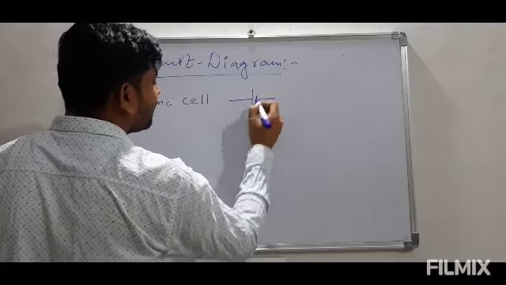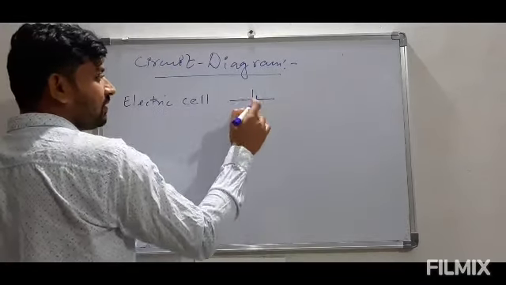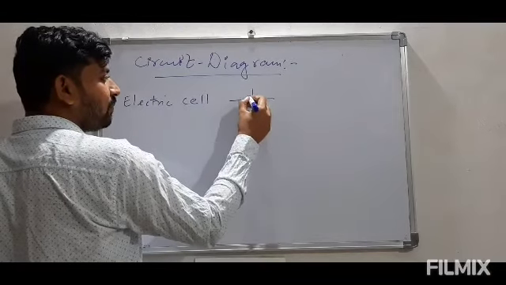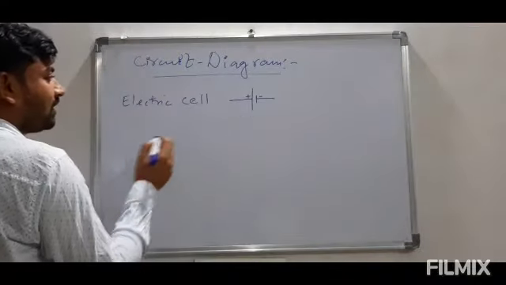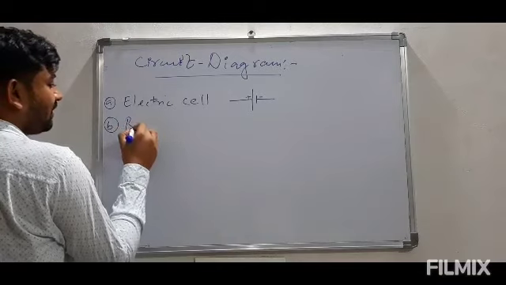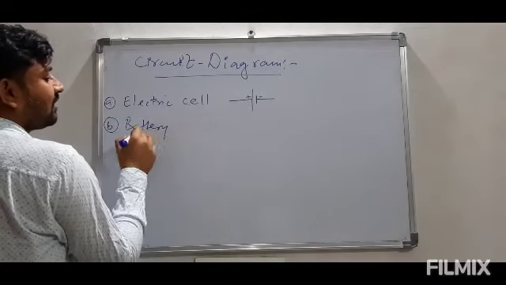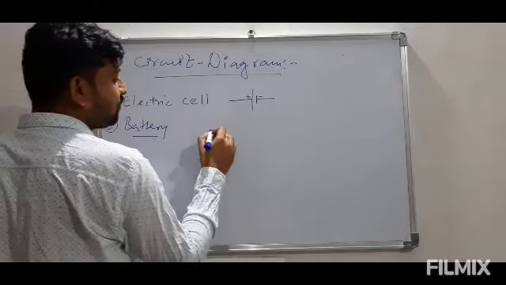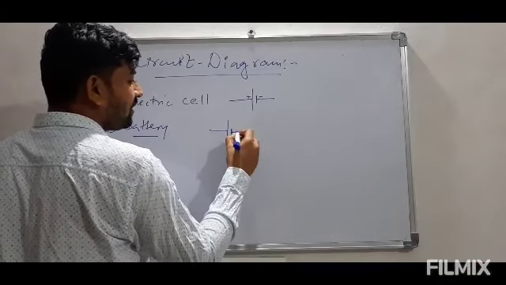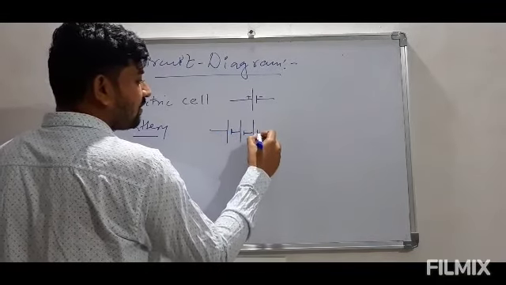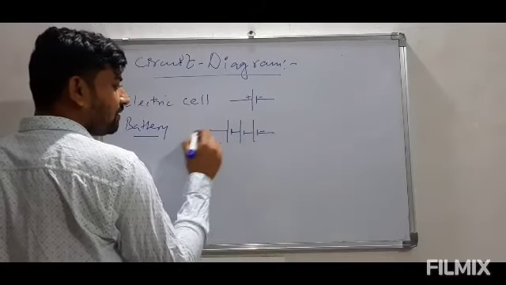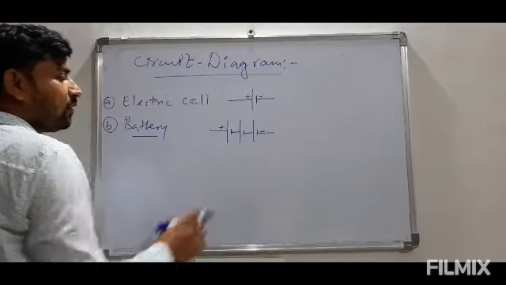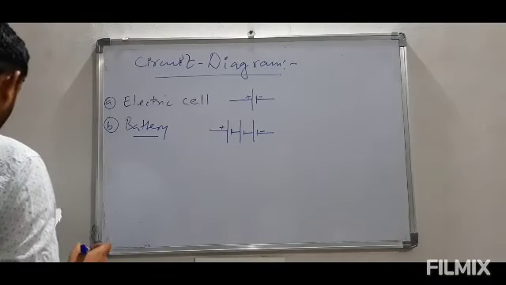There is some gap in between. This way, the greater line will represent positive polarity and the smaller one will represent negative polarity. This is the electric cell. The second component is the battery, which is a combination of electric cells, that is, more than one cell can be connected this way. Here I am taking 3 cells, so again this will be the minus side and this will be plus. So this is a combination of electric cells.